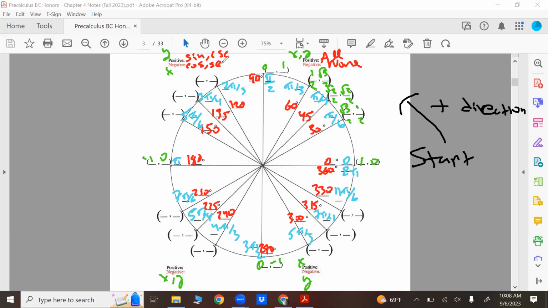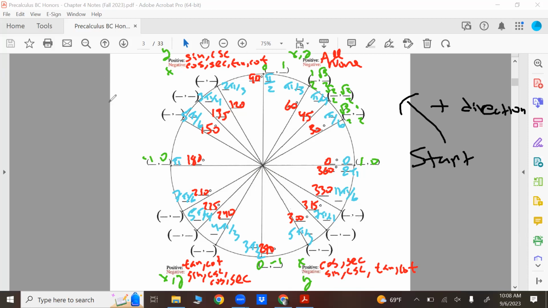Cosine, secant, tan, and cotan are negative. What's positive here? Only tan and cotan, because you're dividing two negative values, x and y. Here, cosine, secant. And of course, you do the counterparts. Sine, cosecant, tan, cotan are negative.